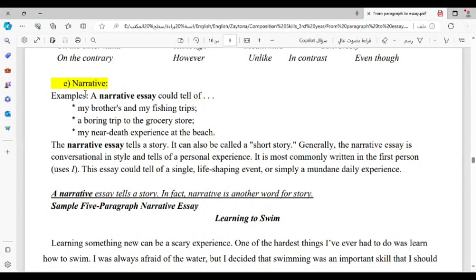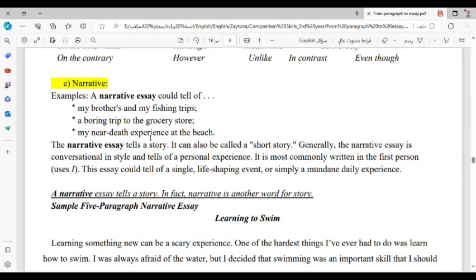So narrative essay: when we say narrative, it means to narrate something. When you narrate something, which is the verb of this word, narrate, N-A-R-R-A-T-E, it means that you tell something.